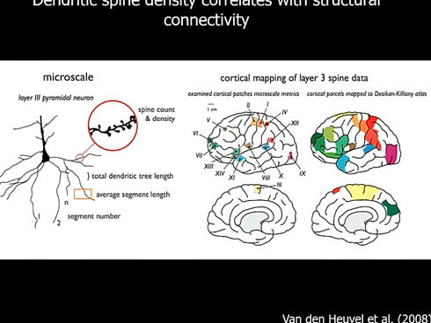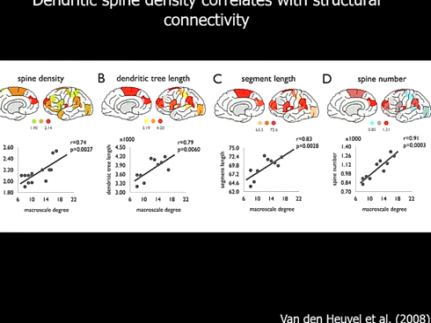But what they did was they lined up the layer 3 spine data onto these areas and then correlated some of the features like spine density or dendritic tree length with the macro scale degree. That's a graph theoretical measure of the amount of connectivity between two areas, which we'll go into in more depth in one of the other talks. And there's a positive correlation between those things. So we can start to relate some of these things to each other.